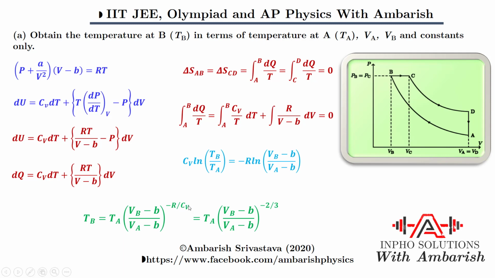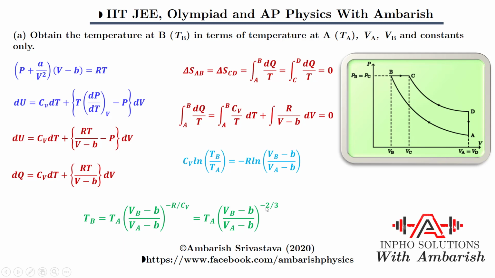Because Cv is F by 2 into R, okay, where F is the degrees of freedom. So very neat expression. So Tb into Vb minus b to the power gamma is equal to Ta into Va minus b to the power gamma, and put the value of gamma and you get this, right, minus R by Cv.